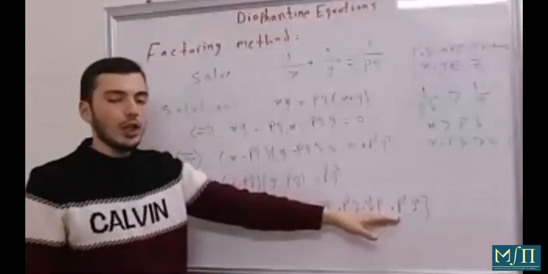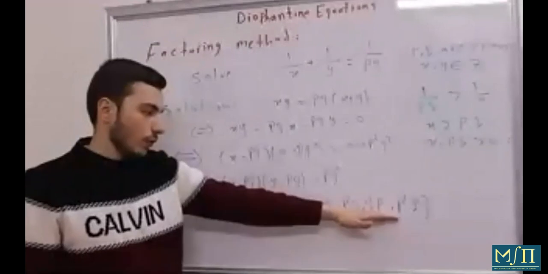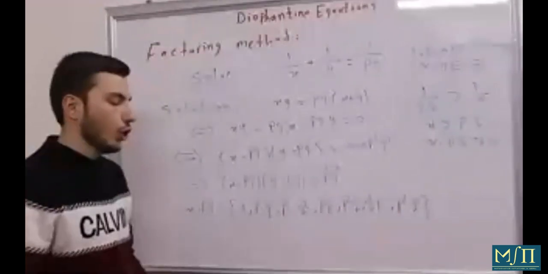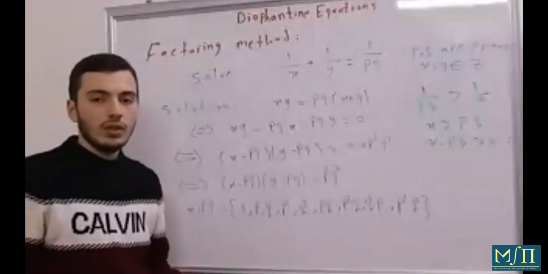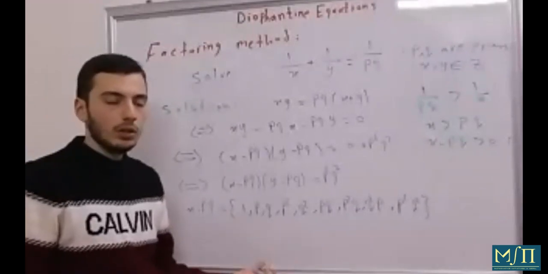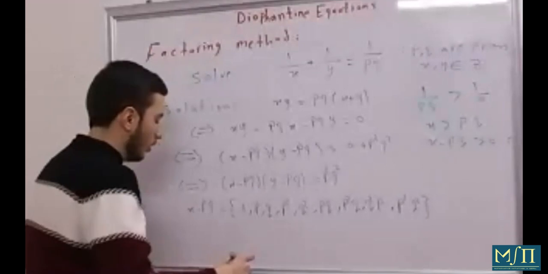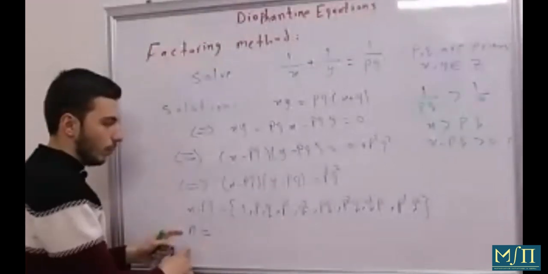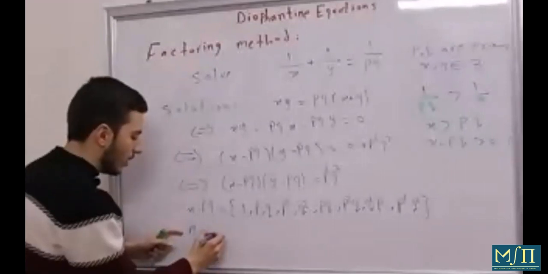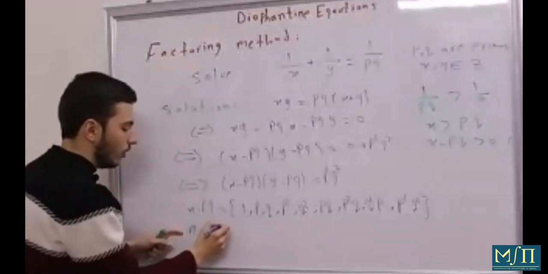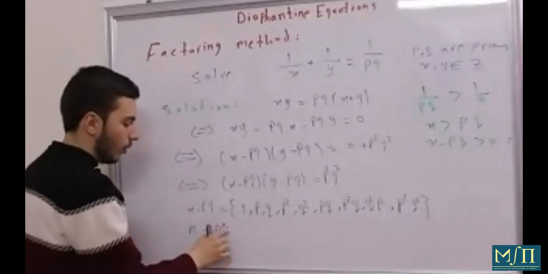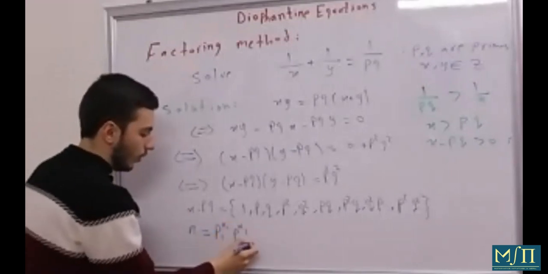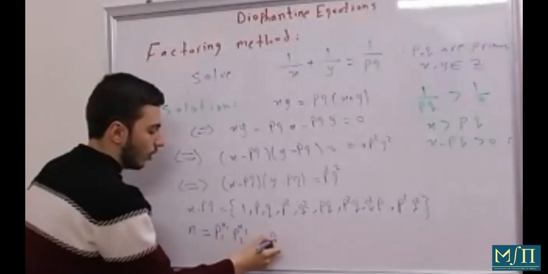In order to check whether we did not forget any divisor, we can use the following identity, which tells us the number of divisors of a certain number. Given some number n, we can write it in its prime factorization as n equals p1 to the power of alpha 1, p2 to the power of alpha 2, up to pk to the power of alpha k.